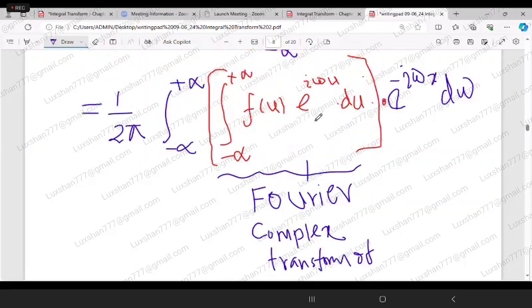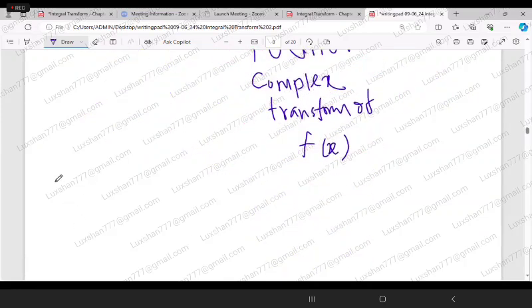We call this red color part the Fourier complex transform of f(x), and we write it this way. In Laplace transform we use capital L, isn't it? Here we are using script F, not just f.